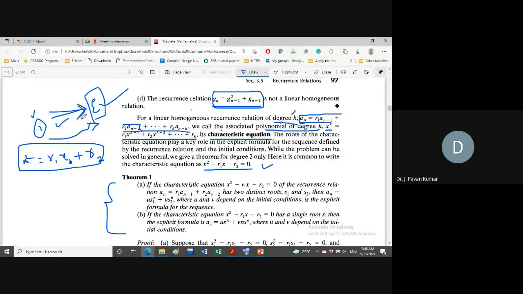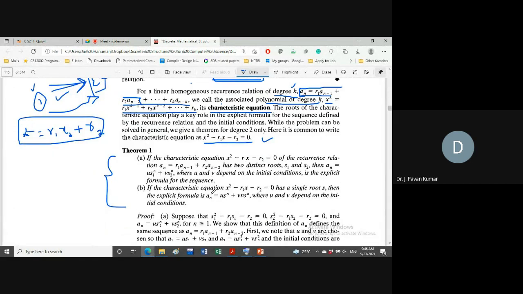We obtain the explicit formula by substituting, depending upon the case. There are two cases with respect to the characteristic equation. Here we have x² - r1 x - r2 = 0 as the characteristic equation of this recurrence relation of degree 2.